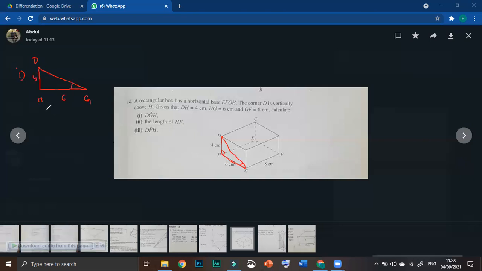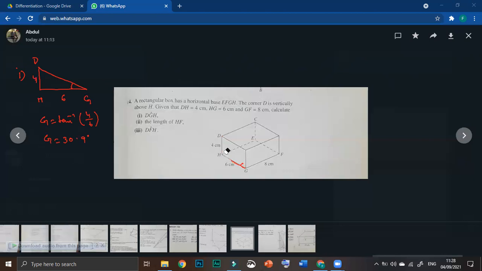Which trigonometric ratio we will use to find out this angle? Tan. Tan G is equal to tan inverse 4 by 6. And what is the final answer for G? 30.9. Very good.